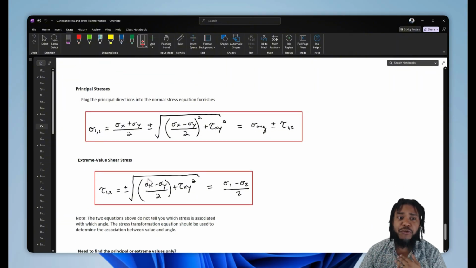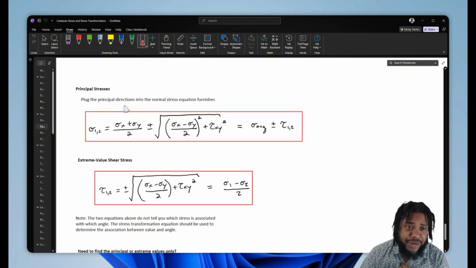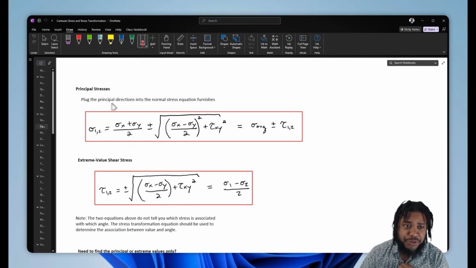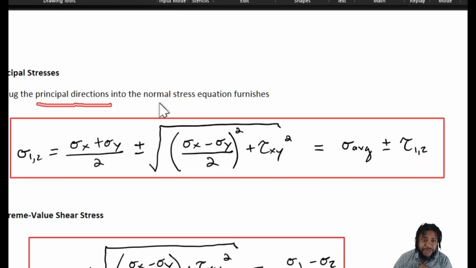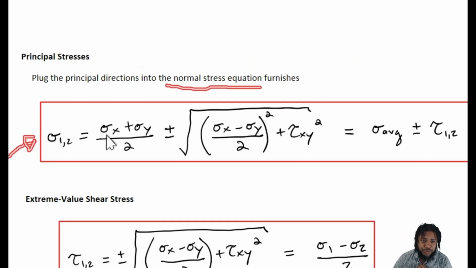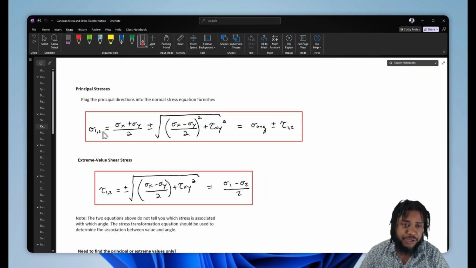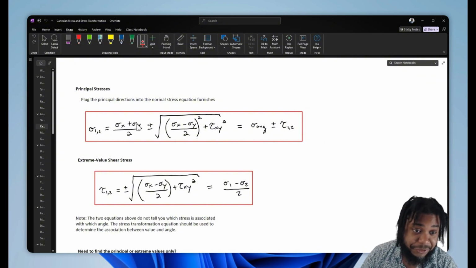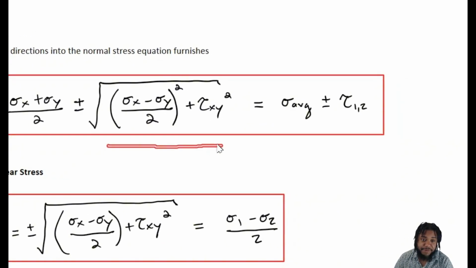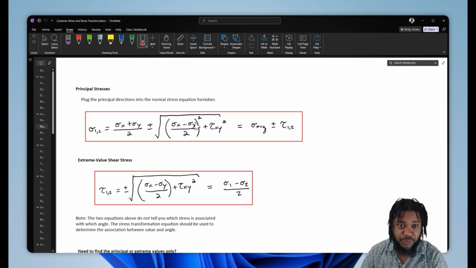If we do a little bit more mathematics, we can find a direct solution to the principal stresses, where if we plug the principal direction equation into our normal stress equation, we can find the first and second principal stresses, sigma 1, 2, is equal to the average normal stress, sigma x plus sigma y divided by 2, plus or minus the square root in brackets of sigma x minus sigma y divided by 2, all of that squared, plus tau xy squared, right?